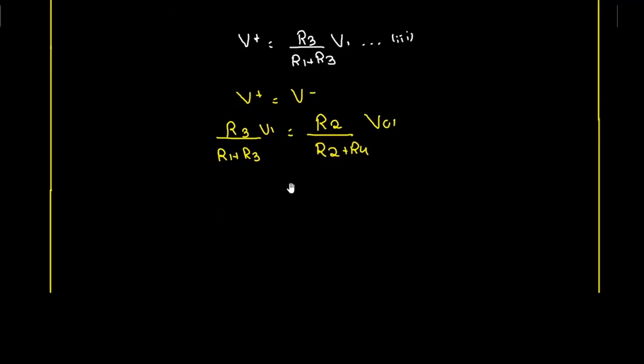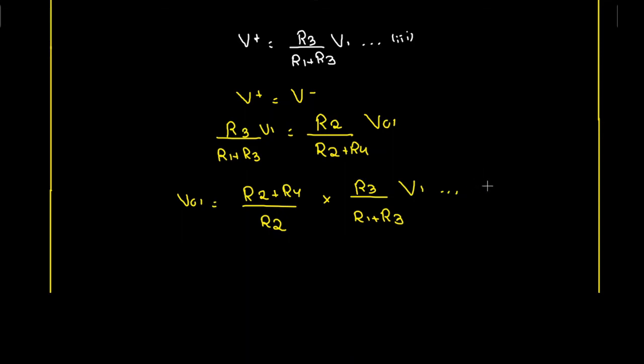Now I'm going to solve this. I need to find the value of VO1 in terms of V1. So VO1 will be equal to R2 plus R4 divided by R2, into R3 divided by R1 plus R3 into V1.